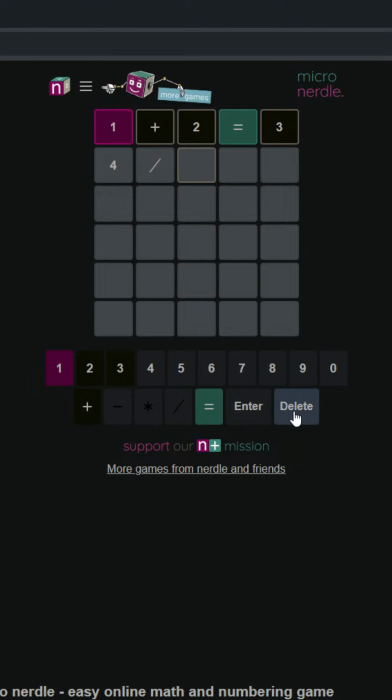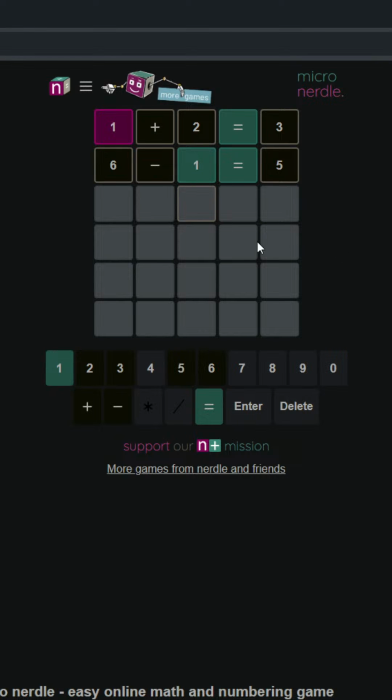No, 4 times, no, 8 divided by 4, 9, no. 6 minus 1 is equal to 5. This is about as much information we can generate from this. Okay, so that's where the 1 goes.